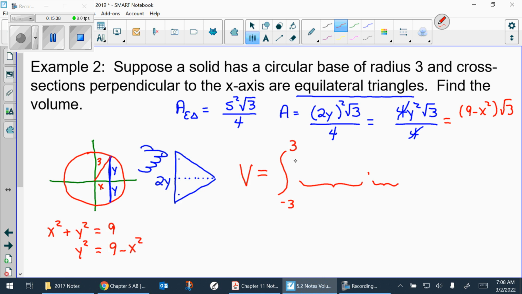And the area is 9 minus x squared times the square root of 3. And I could have written that square root of 3 out front if I wanted to, because it is a constant that I'm multiplying by. Thickness.